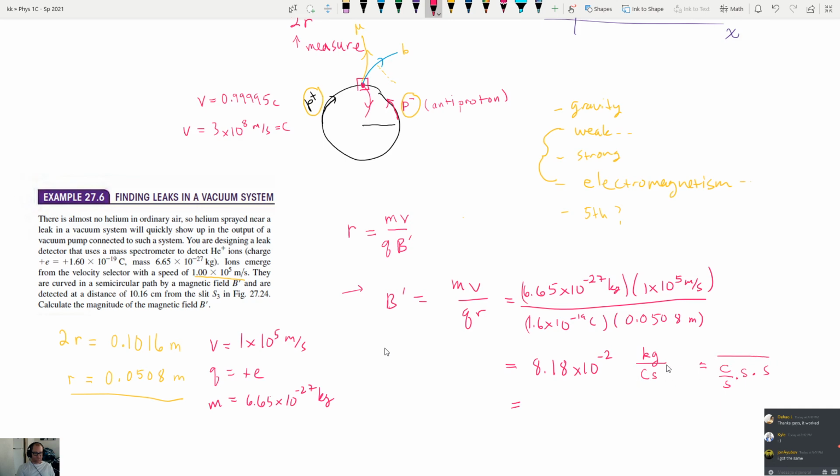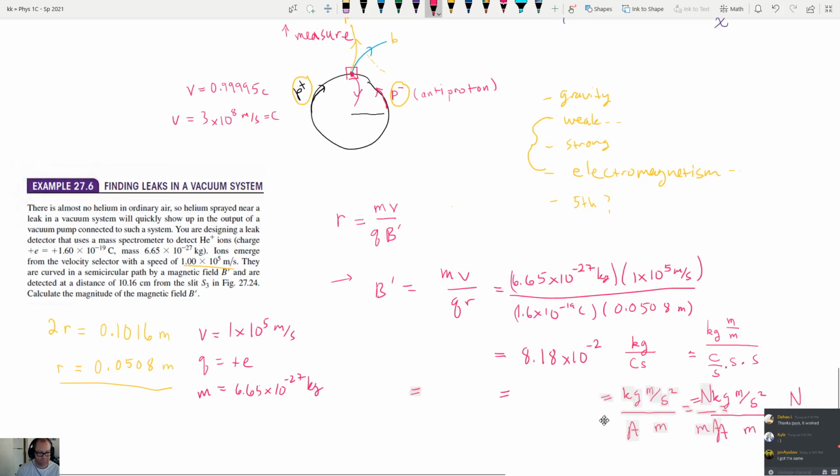And for the numerator, if I go kilogram times meter divided by meter, that doesn't change anything either. So that gives us kilograms times meters per second squared divided by coulomb per second, which is amp. And I have another meter left over here. That is the same thing as newtons divided by meters times amps.